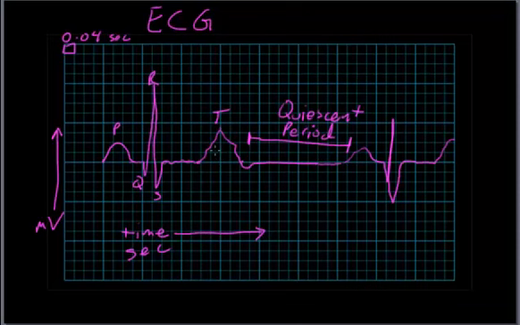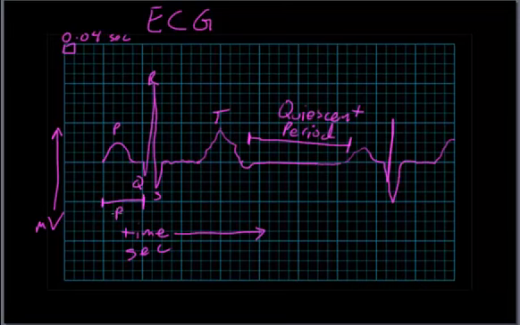Now, there are a couple of what we call intervals, the time it takes to go through one syncytium of the heart or another, that we also need to concern ourselves with. The first of those is what we refer to as the PR interval, which goes from the beginning of the P wave to the beginning of the QRS complex.